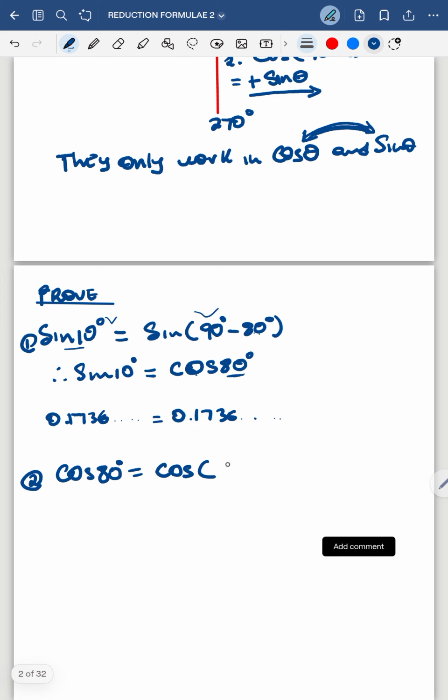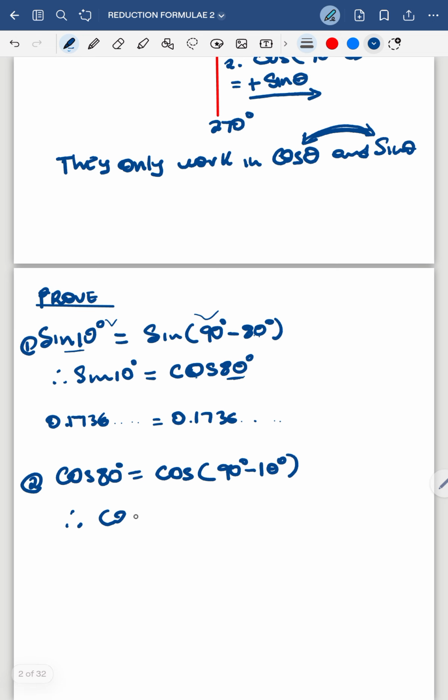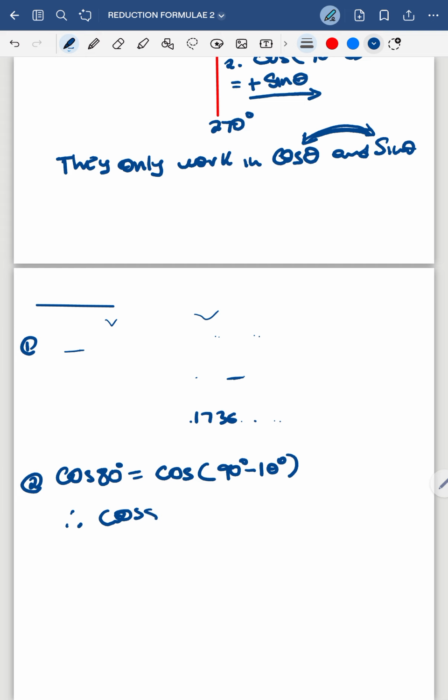So if we expand this, we're going to say 90 degrees minus, what number can you separate from 90 to get 80? It's going to be 10 degrees. Then 90 degrees minus 10 degrees. Whenever you have 90 degrees minus an angle, remember we said 90 degrees minus theta is a cofunction. That theta stands for the angle, whatever number you put on that theta.